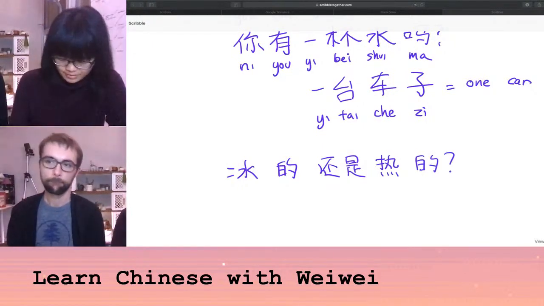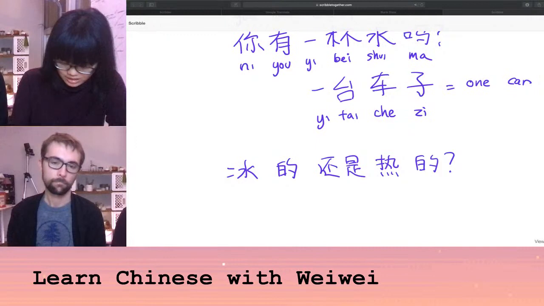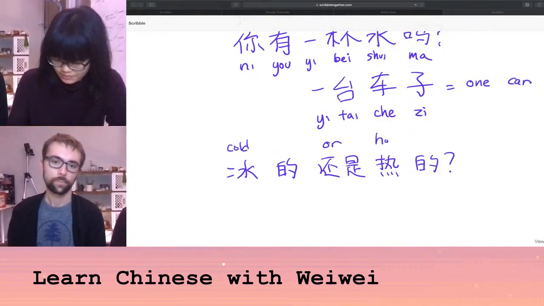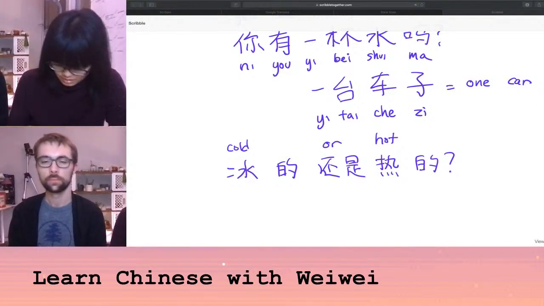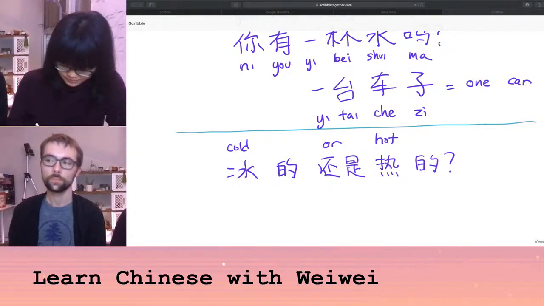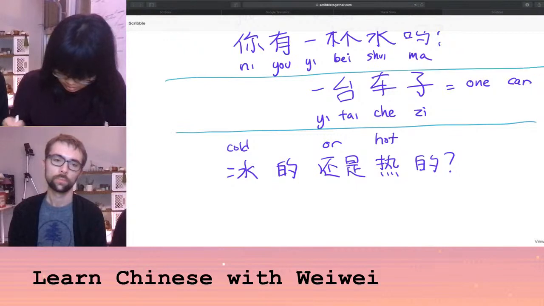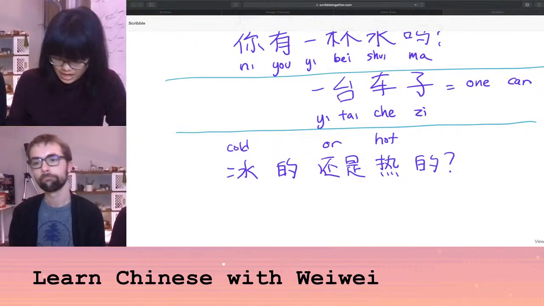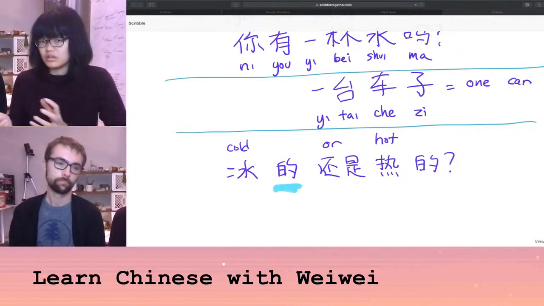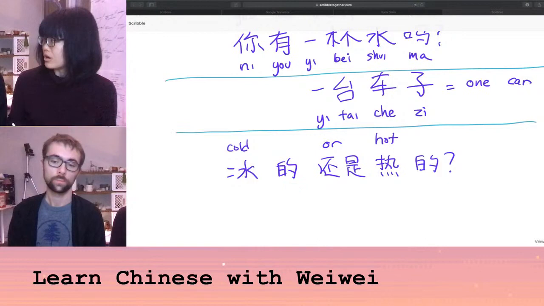Funny enough, in Chinese, it's more common to say cold or hot. Oh, instead of hot or cold? Yeah. That's interesting. Let's add a tiny divider in between to separate them. In this case, the 的 is sort of just a supporting word.